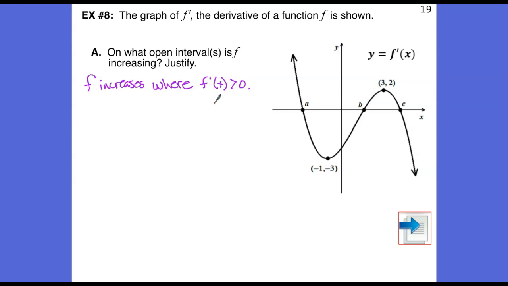So where does that happen? F prime is going to be positive where the graph is above the x-axis, and so this occurs on the interval from negative infinity to a, and it also occurs on the open interval between b and c, so we can also say union bc.